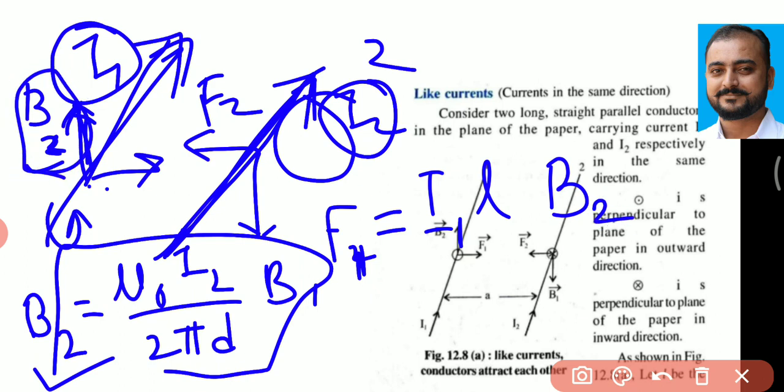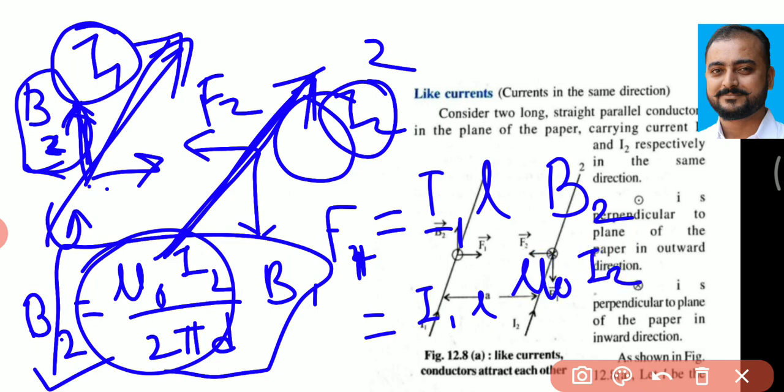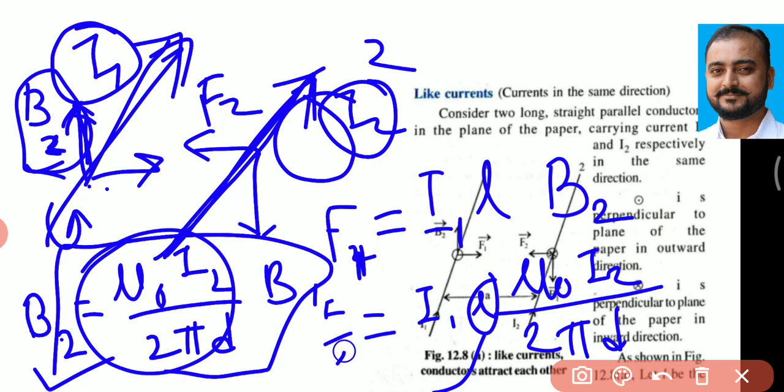So the formula is I1, L remains as it is, and B2 is μ0 I2 divided by 2π D. This L goes to the other side, and it becomes the force acting per unit length, which equals μ0 I1 I2 divided by 2π D.